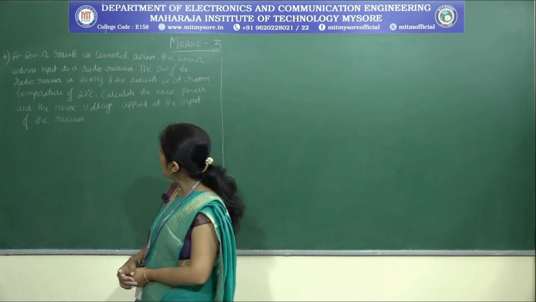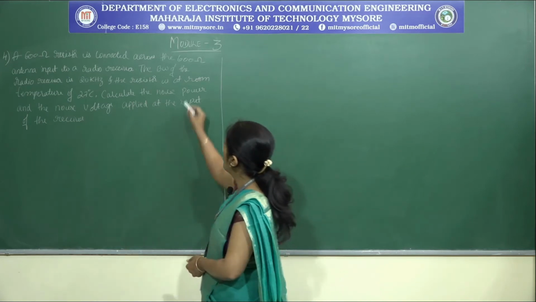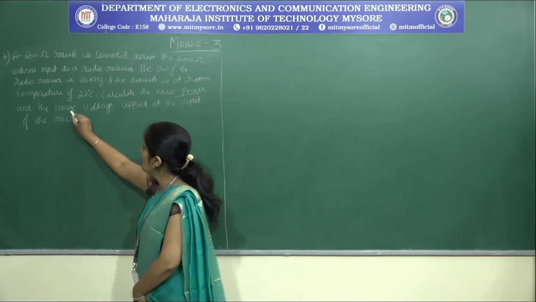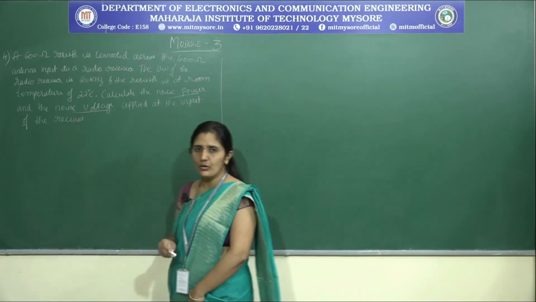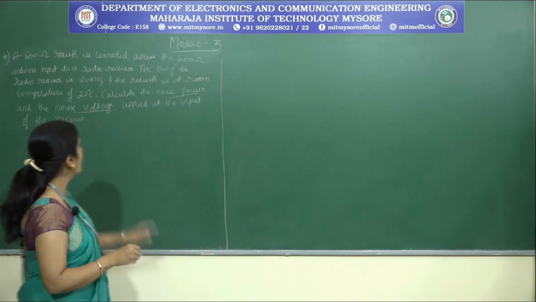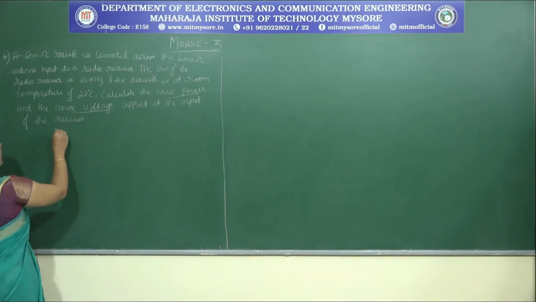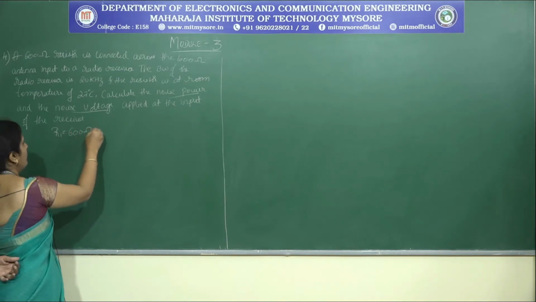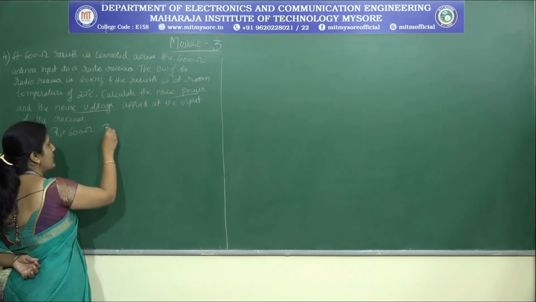Now let us see, we have to calculate what? Noise power as well as the noise voltage applied at the input of the receiver. Now let us see what the given terms are. So here the given terms are R1 is equal to 600 ohm. So another resistor is present here.